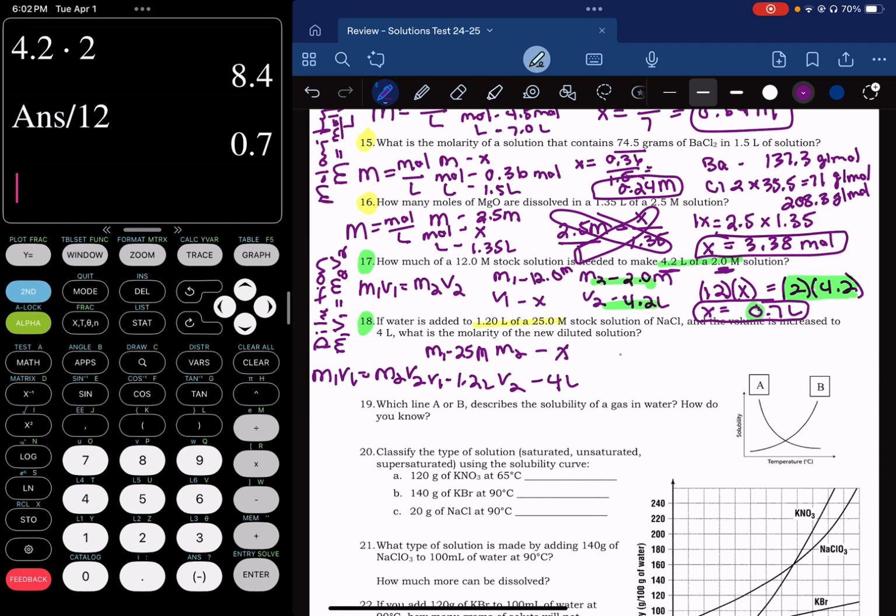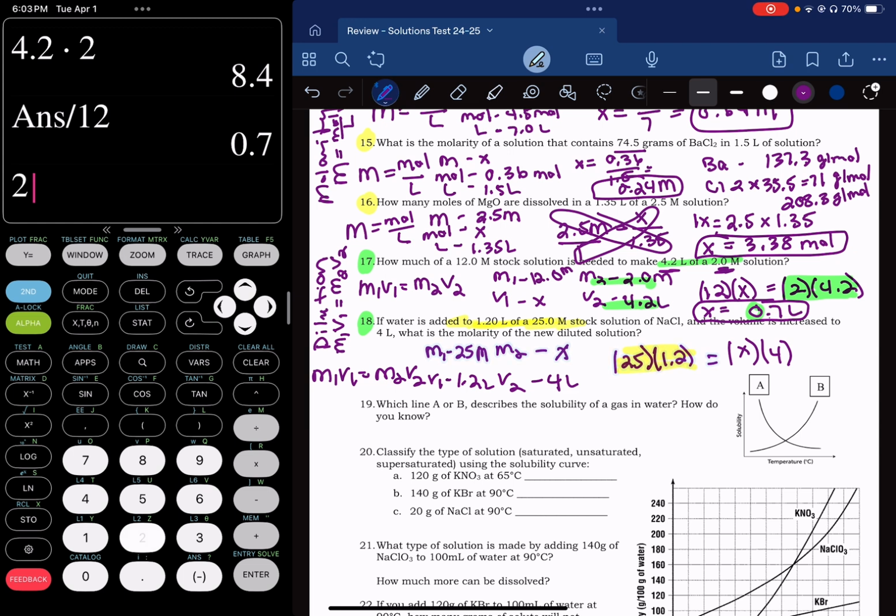Okay, so our M1 is 25 and our V1 is 1.2. Now keep in mind, I have kept the ones together that I said I was going to keep together. These over here, the ones that are close together in the problem that are describing one solution. And then I'm going to set that equal to the other side, which we have X for the molarity and 4 for the liters.